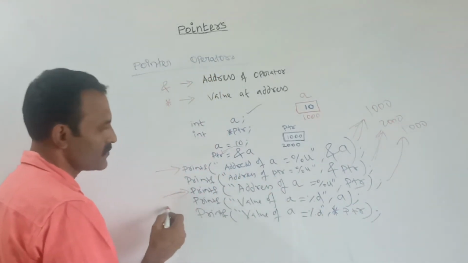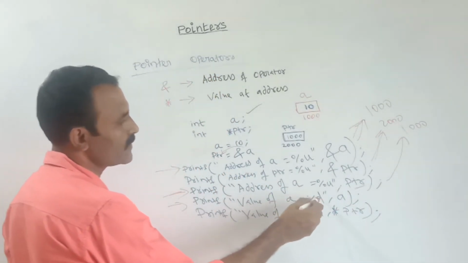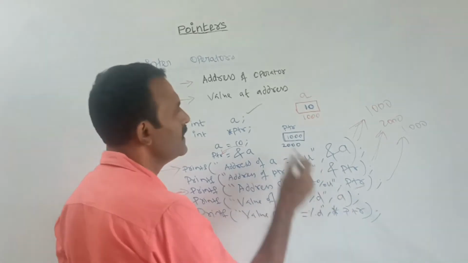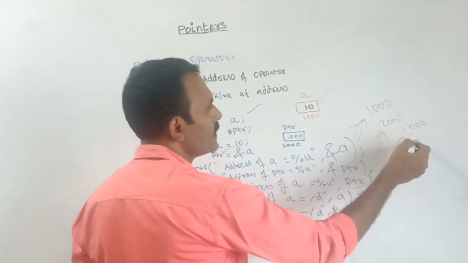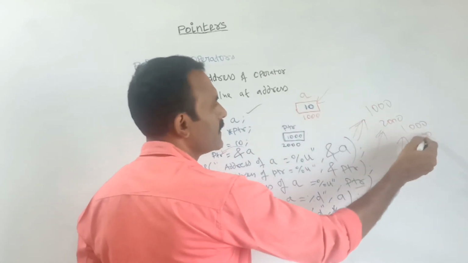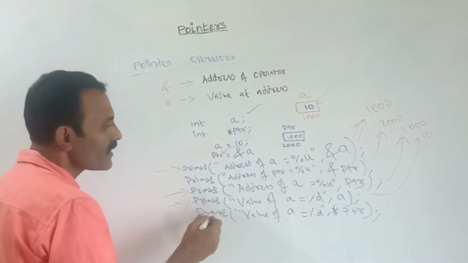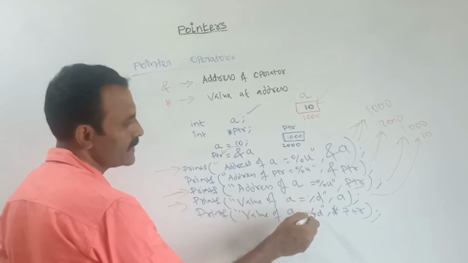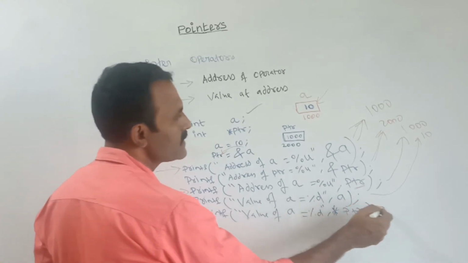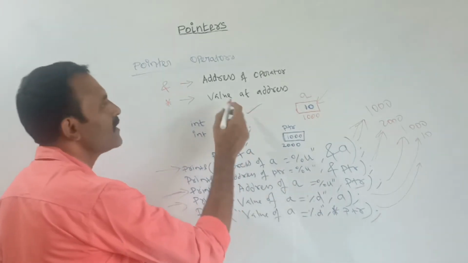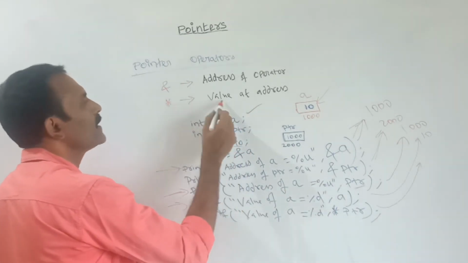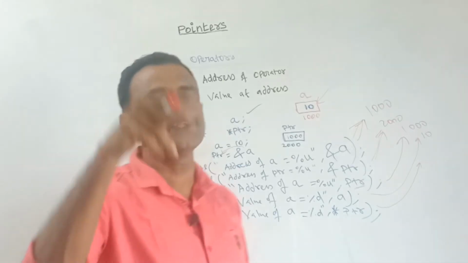See next step: value of a is equal to percentage d and a. Normally, the value inside this variable will print. What is the value here? 10. Next, the value of a is percentage d, next star ptr. See, what will be the result for this? Star ptr means what? The star operator is used for value at the address.